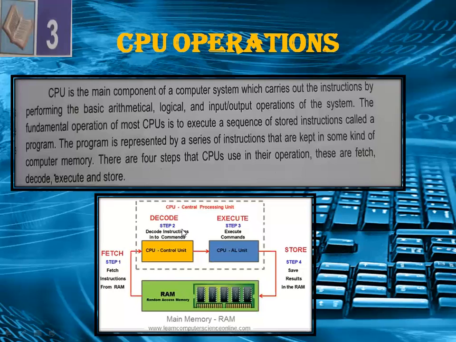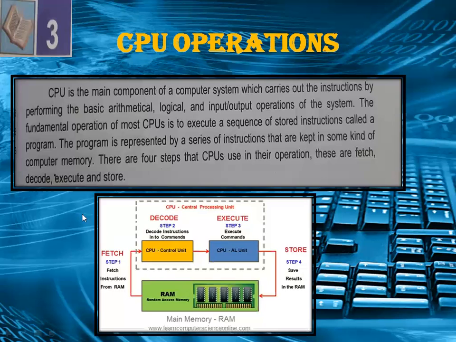Decoding means to translate your instruction in that format in which the execution unit can understand it easily. Afterwards, it passed to the execution unit, and execution unit will execute the instruction with the help of ALU, arithmetic and logic unit. ALU is responsible to perform all type of arithmetical and logical operation.